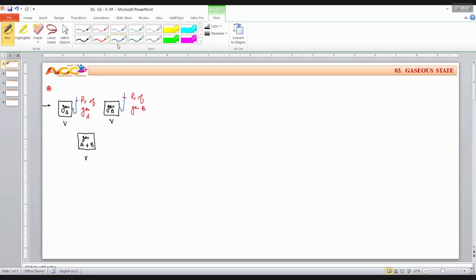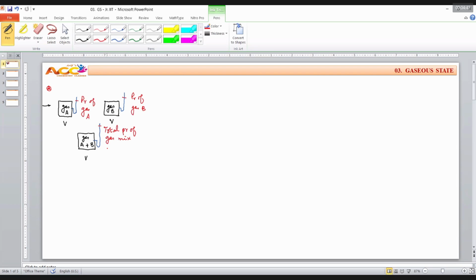Now if you attach a manometer, there will be some reading here. This reading is called the total pressure of the gas mixture. That's all. Simple discussion.